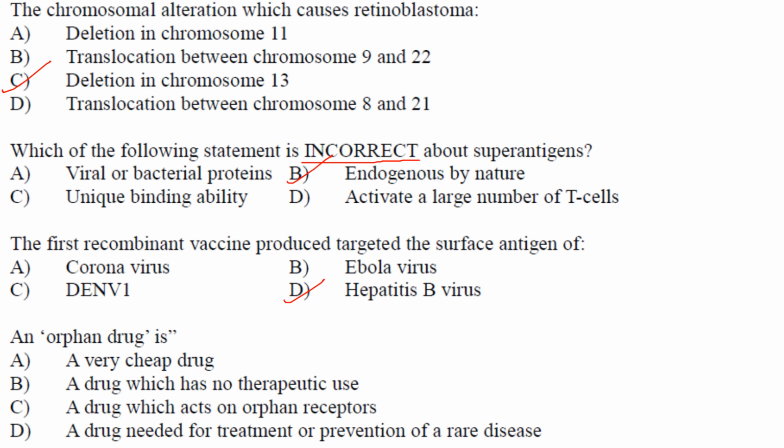No, orphan receptors are proteins that are similar in structure to other known receptors, but their ligand is not yet known. They are orphan receptors. So C is also not correct. So what is an orphan drug? A drug needed for the treatment or prevention of a rare disease. So answer is option D.